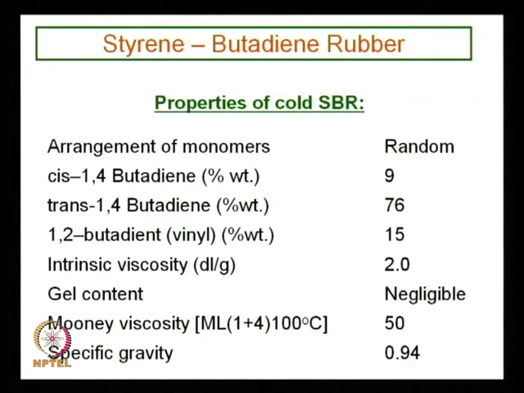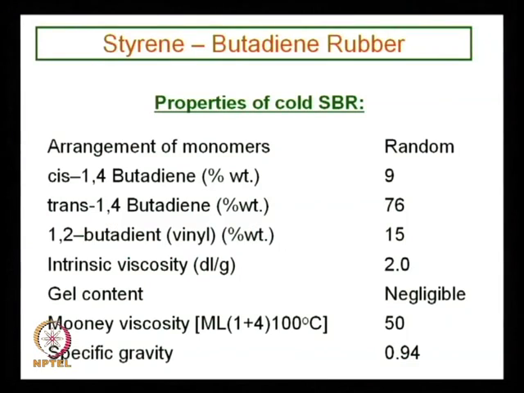If it is 50, then the Mooney viscosity is 50. If it is 60, the Mooney viscosity is 60. So, ML 1+4 at 100 degrees Celsius is reported like this: 50, 40, 30, 35, 45, 52. The higher the number, the higher the viscosity; the lower the number, the lower the viscosity.